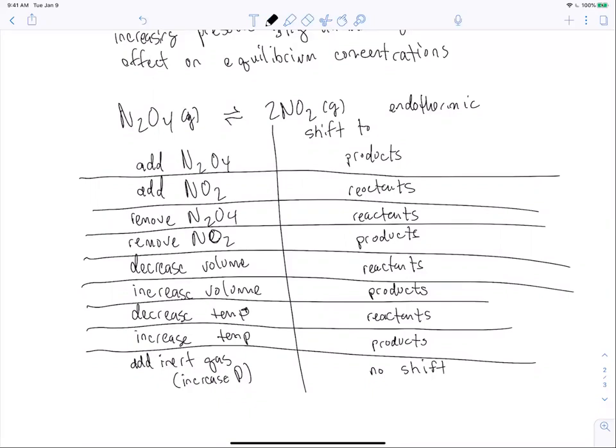The ones that are a little bit trickier, though not super hard, are decrease volume or increase volume. I usually have to think about those for a second, but you can also just remember that it always shifts to the side: if you're decreasing volume, it's going to shift to the side with fewer moles. If you're increasing volume, it's going to shift to the side with more moles.